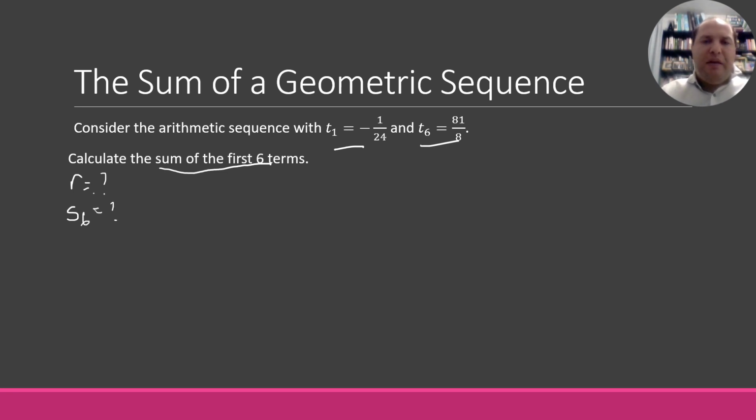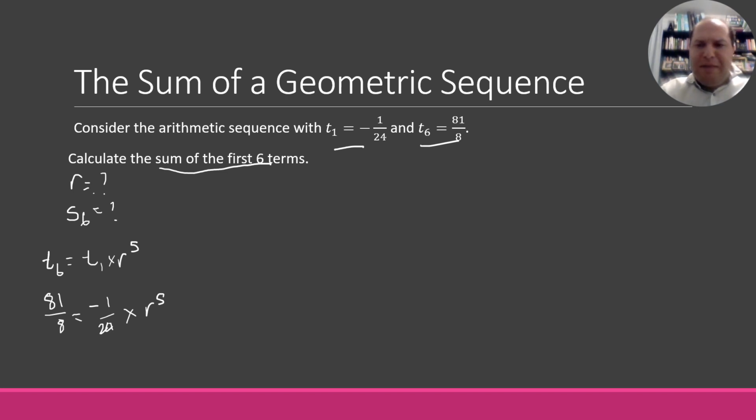Using my general formula, I can say that T6 is going to equal T1 times r to the 5, since n minus 1 is 6 minus 1, which is 5. Then I can substitute terms in. So I've got 81 on 8 equals negative 1 on 24 times r to the 5.